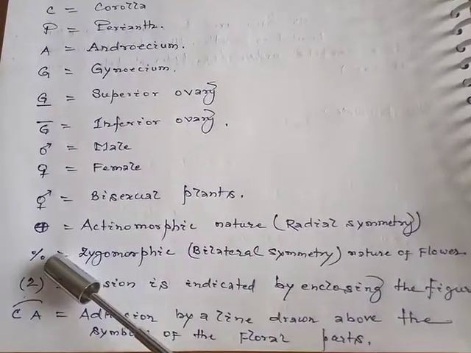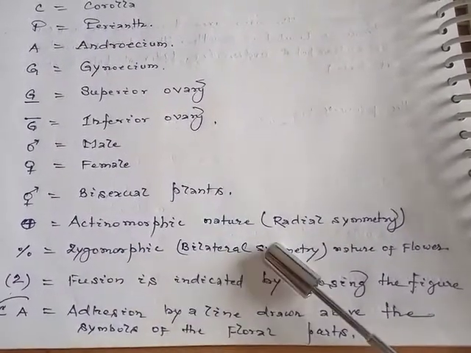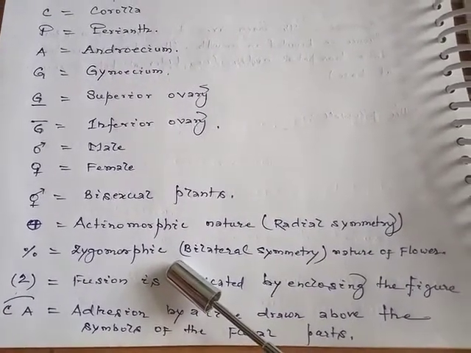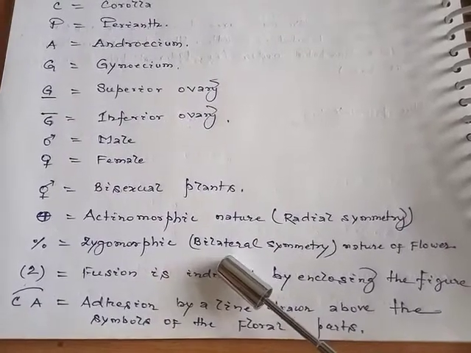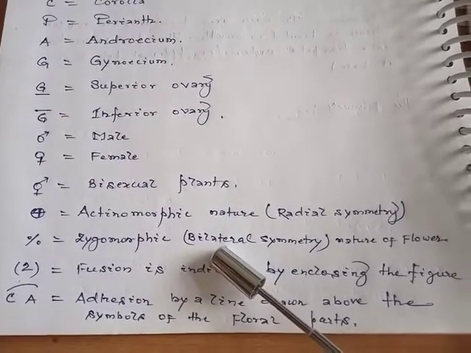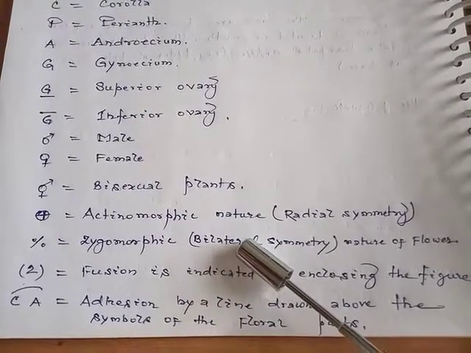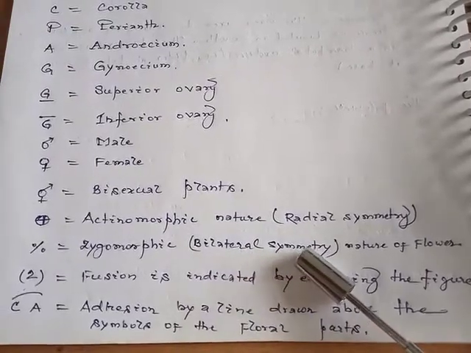Whereas the percentage sign indicates the zygomorphic or bilateral symmetry of a flower. When the flower can be divided into two similar halves only through one particular vertical plane, it is called bilateral symmetry.